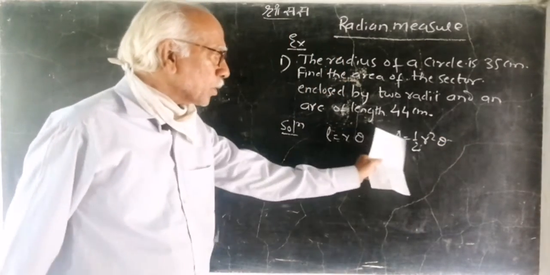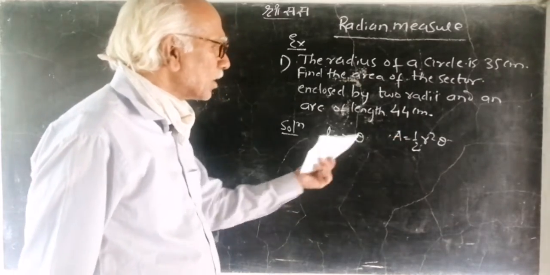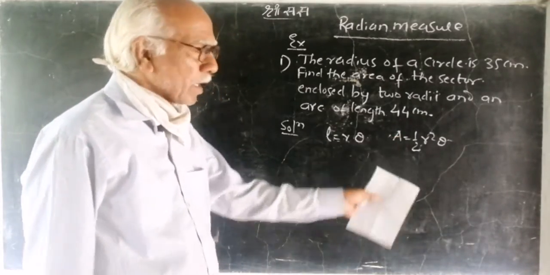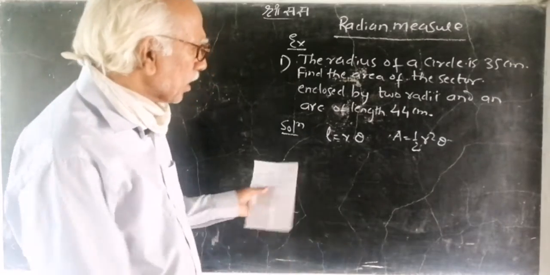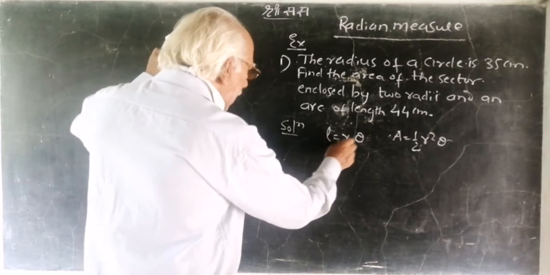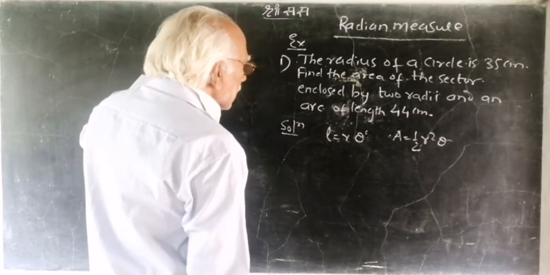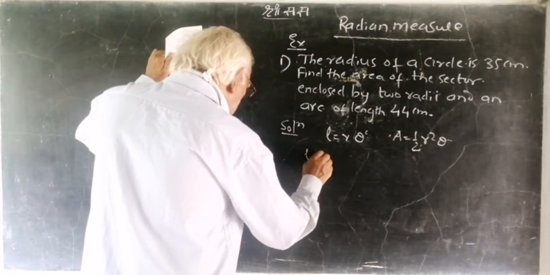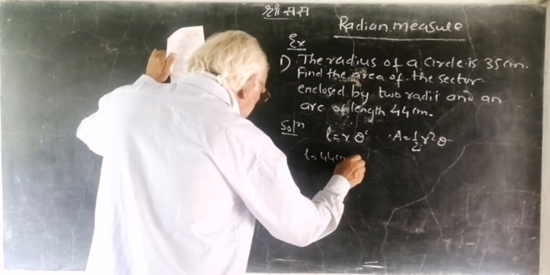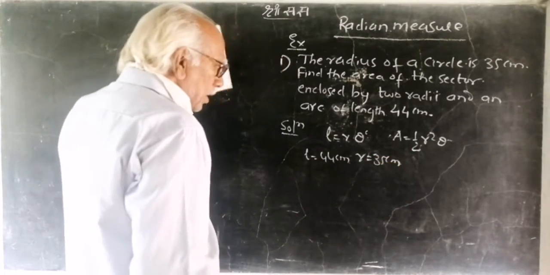If you split it, 1 by 2 r into r theta, this is L only, which is given directly and you can find out directly. However, to learn about that particular radian measure, I will be taking this part as well as both the parts here. So here L is given to be 44 centimeters, r is given to be 35 centimeters.